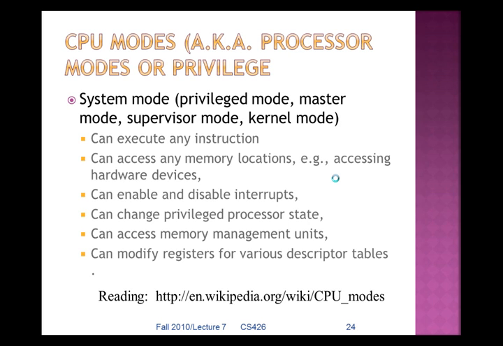Then CPU modes, what are the CPU modes available? Across processor modes or privilege. CPU modes are also known as processor modes or the privileges available in the operating system. One of the CPU modes is system mode, also known as privilege mode, master mode, supervisor mode or kernel mode.